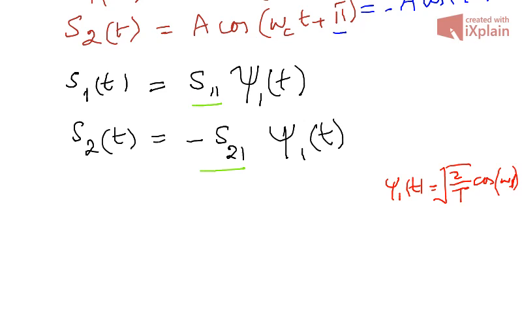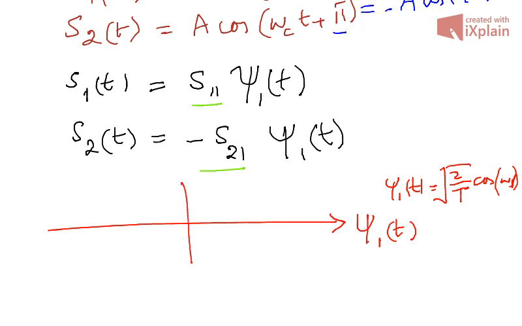So this is our psi1 of t, and you can represent your signal in this form. You can find out the values of S11 and S21 for BPSK. These are also known as antipodal signaling scheme, because you just need psi1 of t to represent these signals.